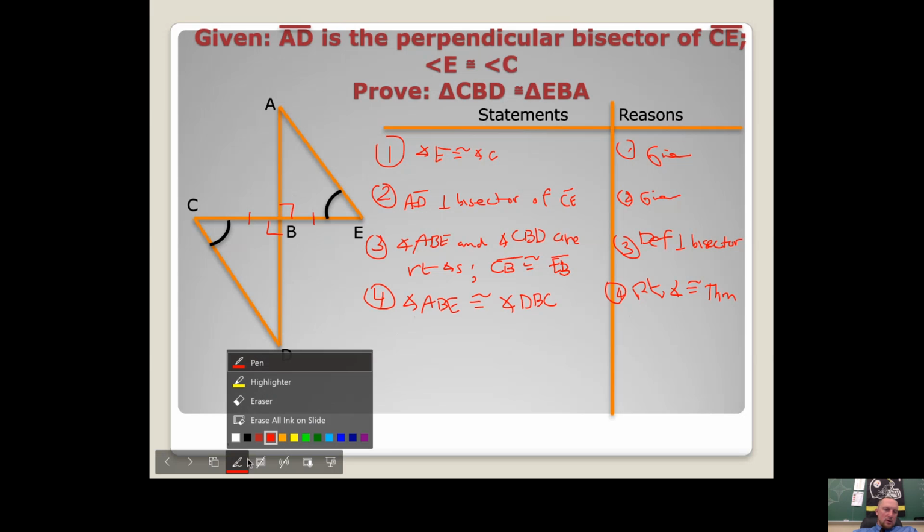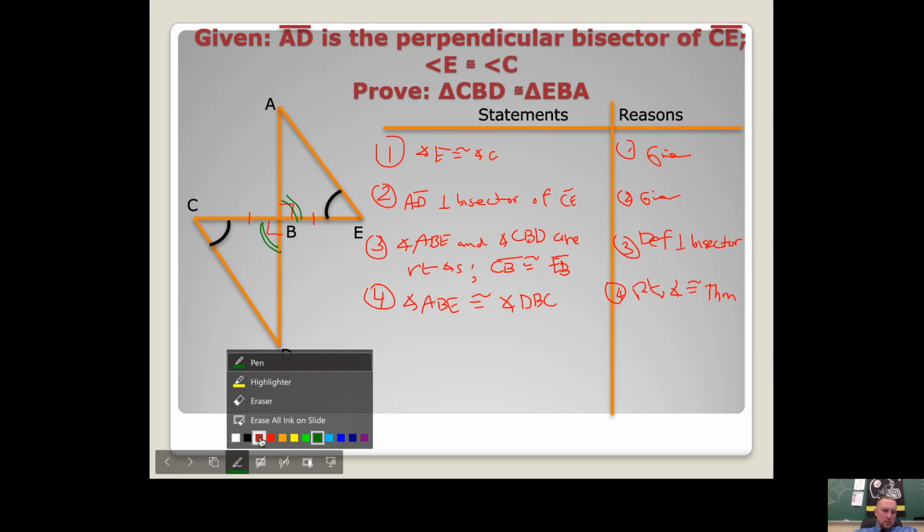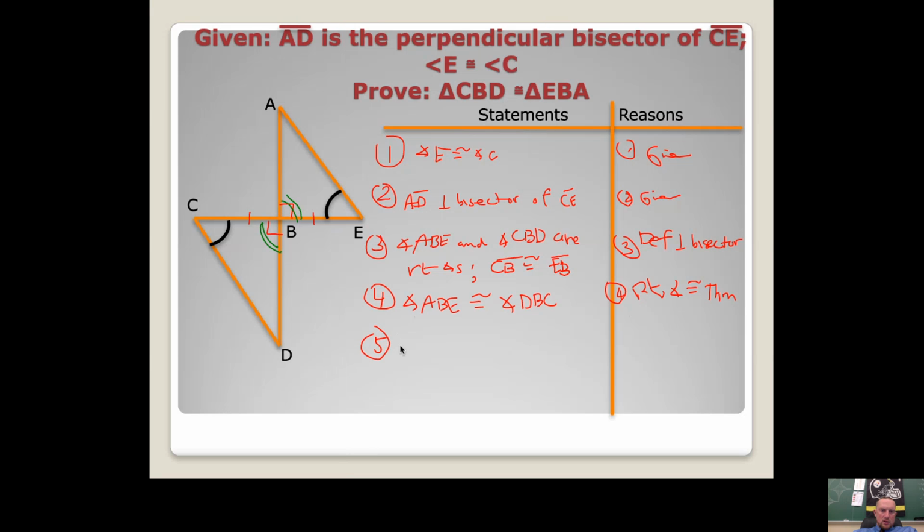So now, those are right angles, but I'm going to mark them as congruent as well, just so I know in my picture that I have two congruent triangles by angle side angle. Triangle CBD is congruent to triangle EBA. Angle side angle.